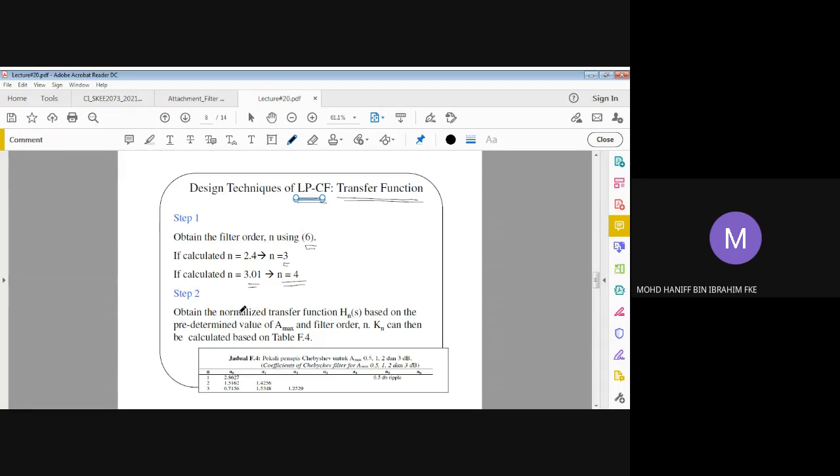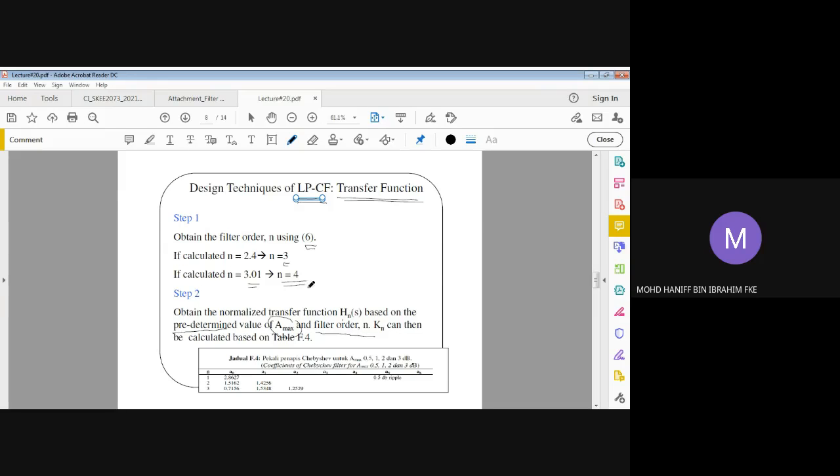Number two is to calculate the normalized transfer function, H_n(s), which we have seen just now. H_n(s) shall be based on two values. One is A max, which is a predetermined value and should be given. The other is the filter order n, which is calculated from the first step.